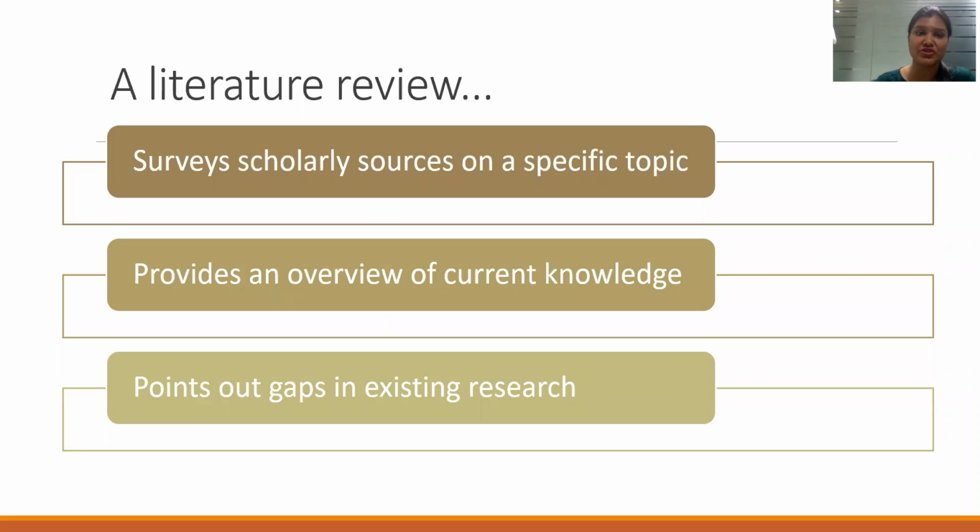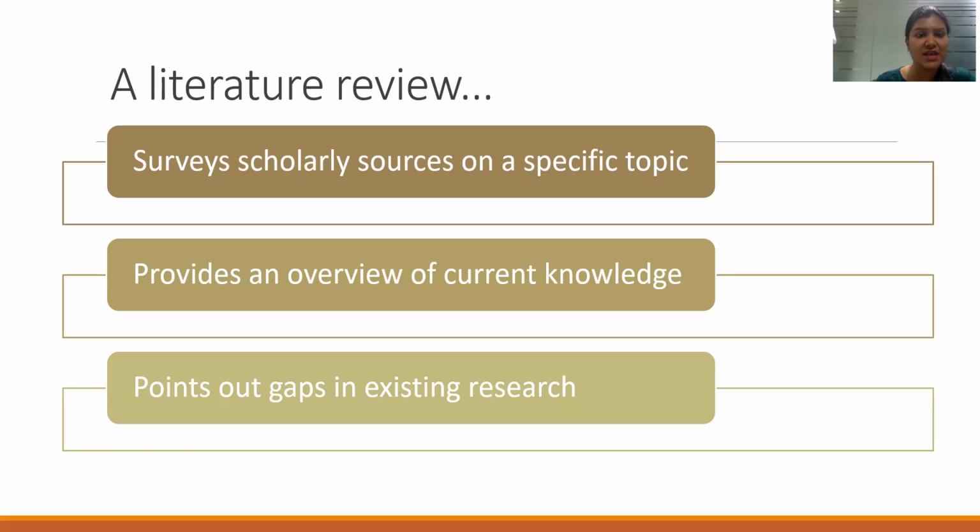So now, what is a literature review? A literature review surveys all the scholarly sources on a specific topic. Suppose you pick up a specific topic you want to write about. That would contain all the previous literature published on that topic. Along with that, it will provide an overview of the current knowledge on that particular subject.